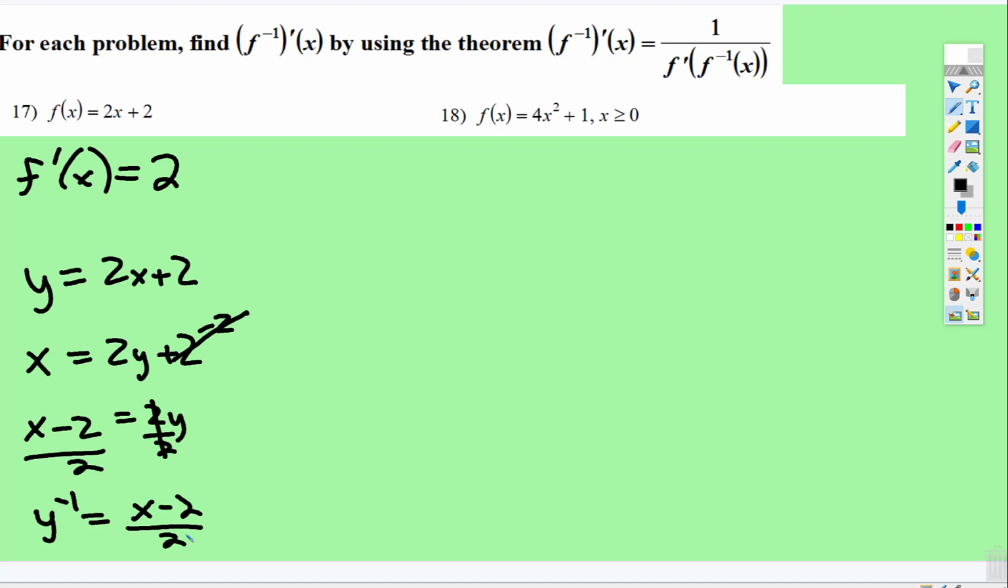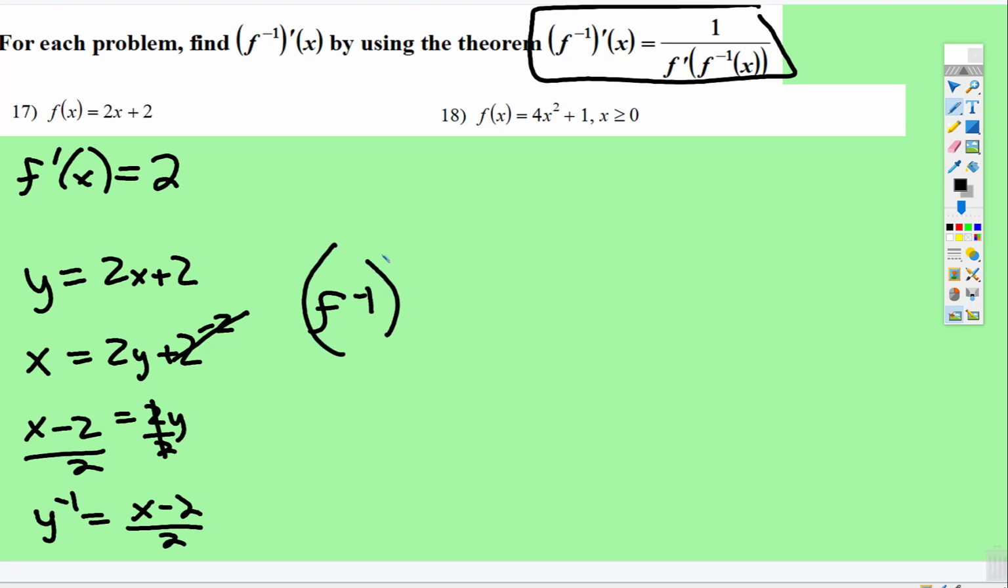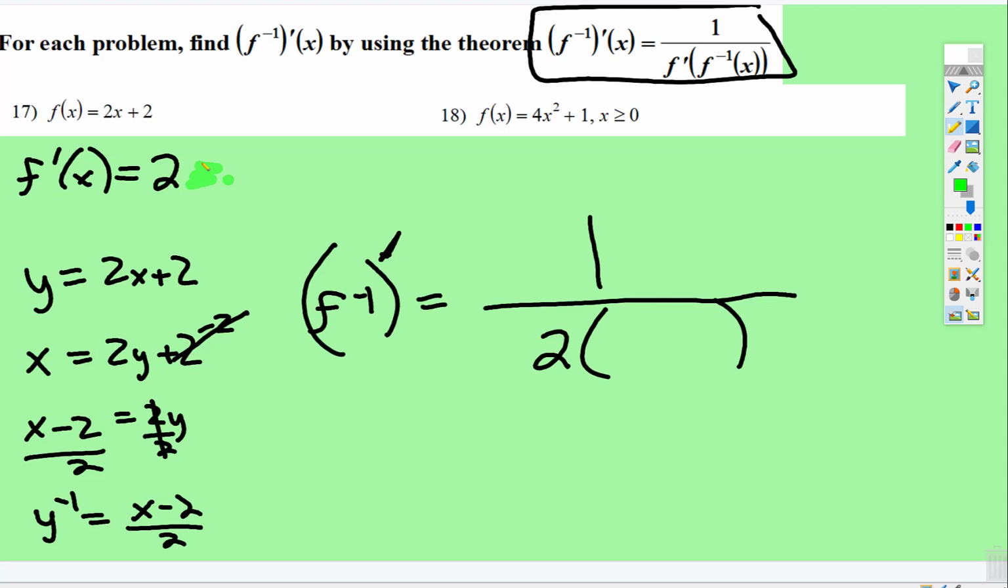All right, so now we can plug it into this. The derivative of the inverse is equal to 1 over the derivative. The derivative does not have an x, so there's no need for the parentheses.